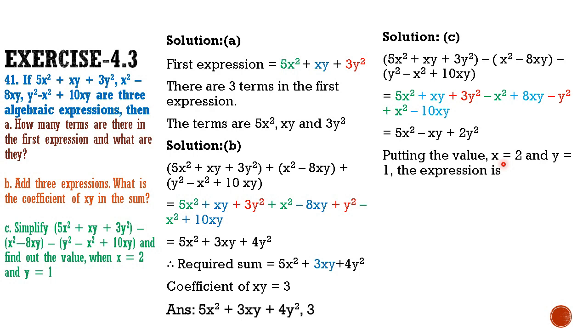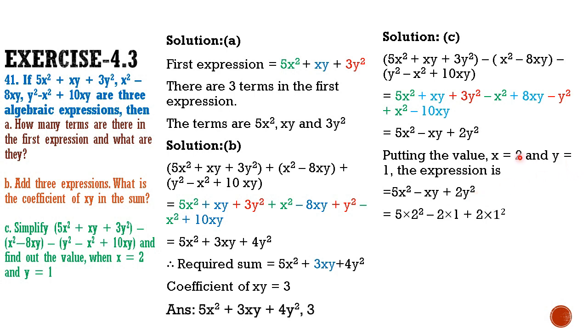Putting the value x equals 2 and y equals 1, the expression is 5x square minus xy plus 2y square, and we will put the value of x equals 2. So instead of x we will write down 2, so 5 multiplied by 2 square minus 2 multiplied by 1, because the value of x is 2 and the value of y is 1, plus 2 multiplied by 1 square.